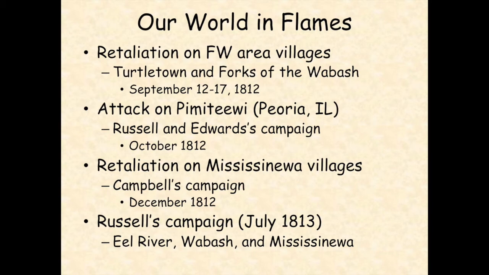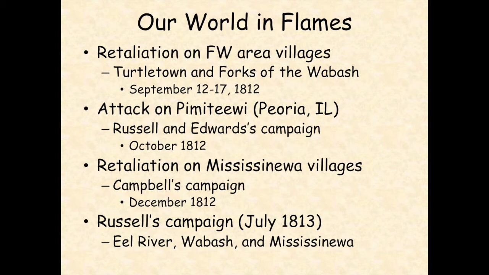And really the militant response to Campbell's campaign in December of 1812 is the first clear evidence of Myaamia violence against the Americans, and it comes pretty clearly in self-defense. And then in the summer of 1813, in July, another campaign comes up the Wabash, what's called Russell's Campaign, and basically burns all the villages that Campbell didn't get to in the winter of 1812.